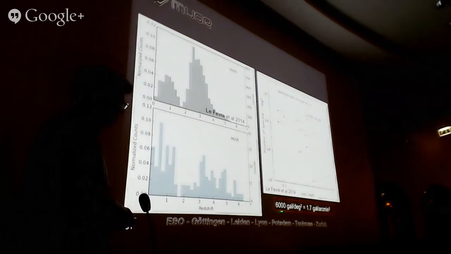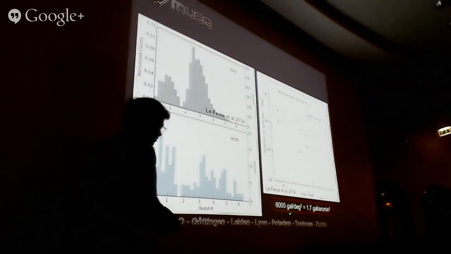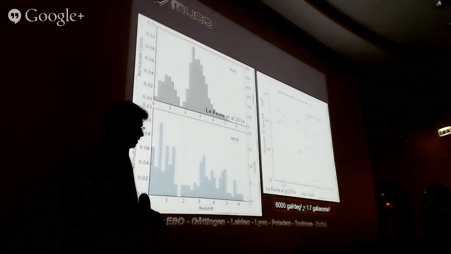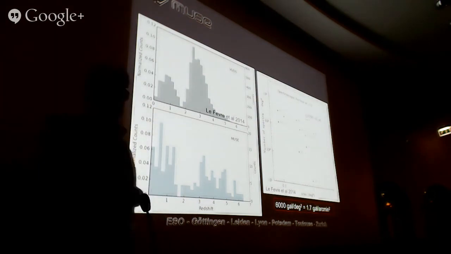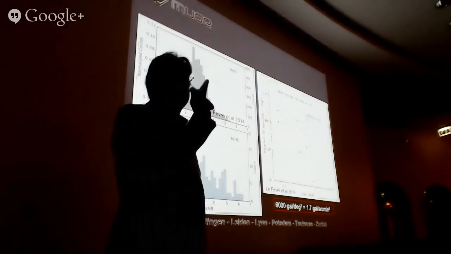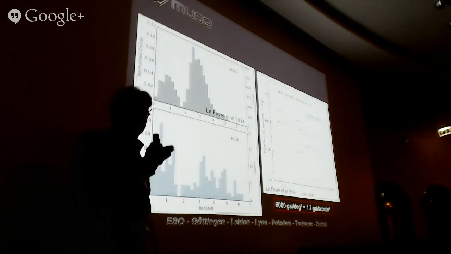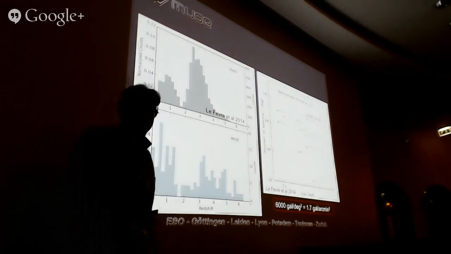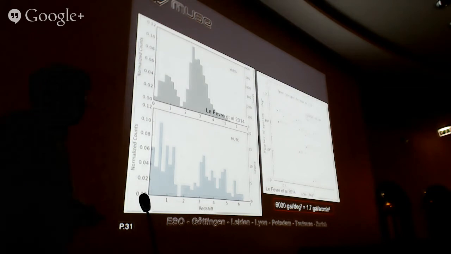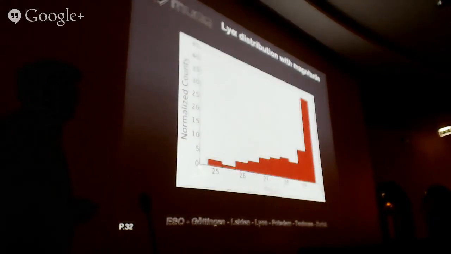It found 60,000 galaxies per square degree. But if you compare this with only 2 galaxies in our field of view, we are completely in a different regime. And for doing ultra-deep spectroscopic follow-up complementary to the HST or to the next generation, like James Webb and so on, MUSE is going to be interesting. And that's to give you only the Lyman alpha distribution in magnitude, and you see where we're going.